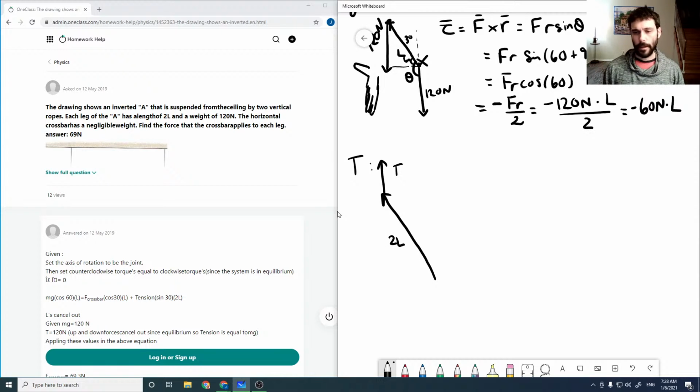That's L. Again, we want to put this tail to tail and find that angle, which is just going to be 30 degrees as it bisects the 60 degrees of the A. And so our torque is F cross R, which is just our tension times 2L times sine theta. And now if we apply our right-hand rule, we see that this guy is coming out of the page. So this is a positive torque.